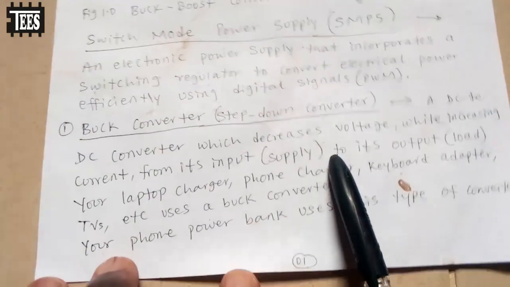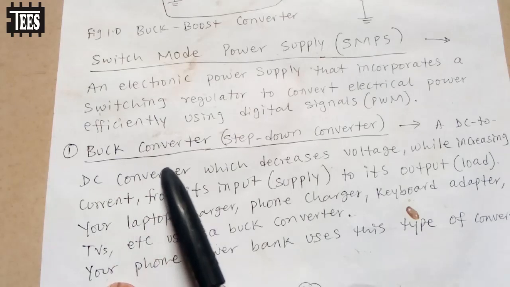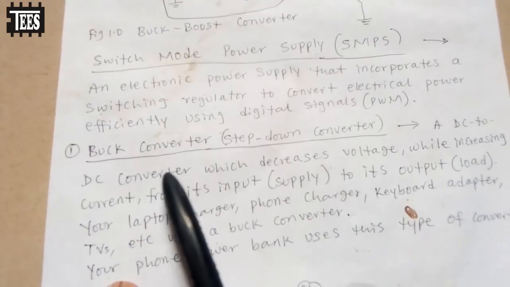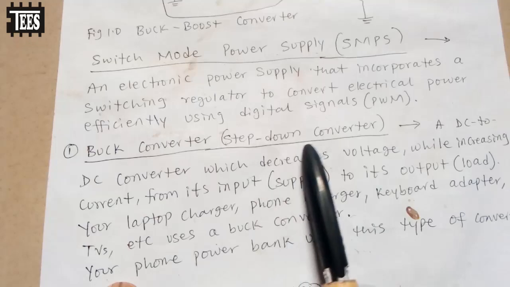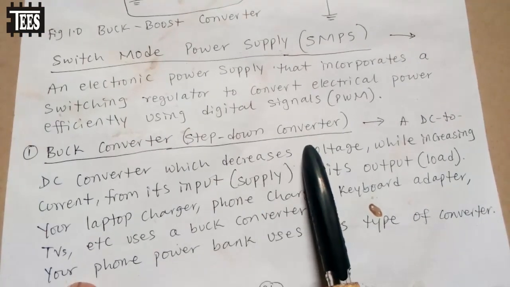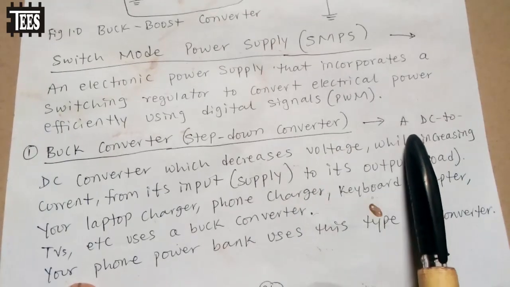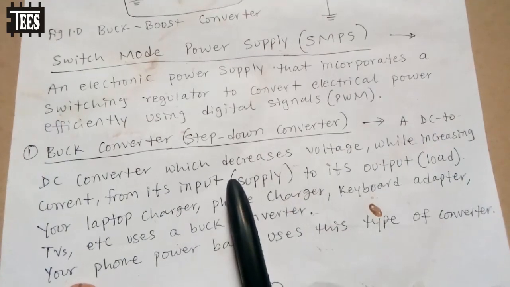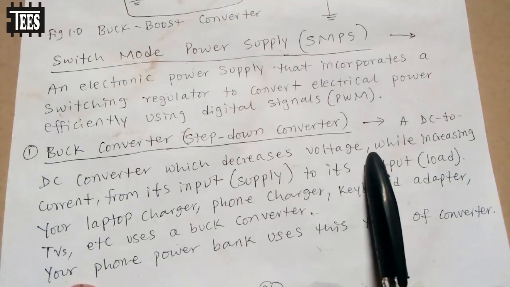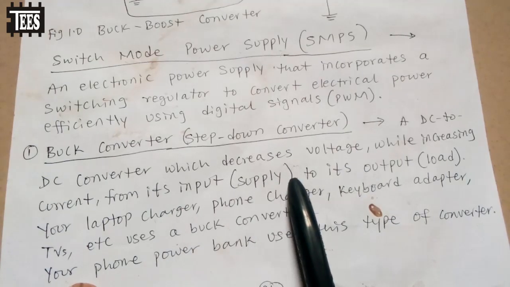So let's come down. In this, we are going to look at the buck converter. So what is a buck converter? Or you can also call it a step-down converter. Now the name step-down: a DC to DC converter which decreases voltage while increasing current from its input, that's the supply, to its output.